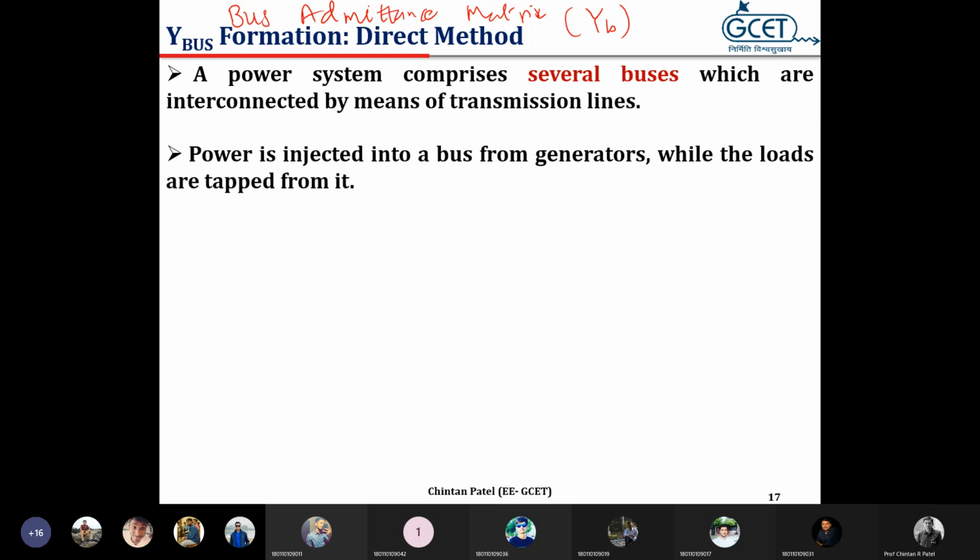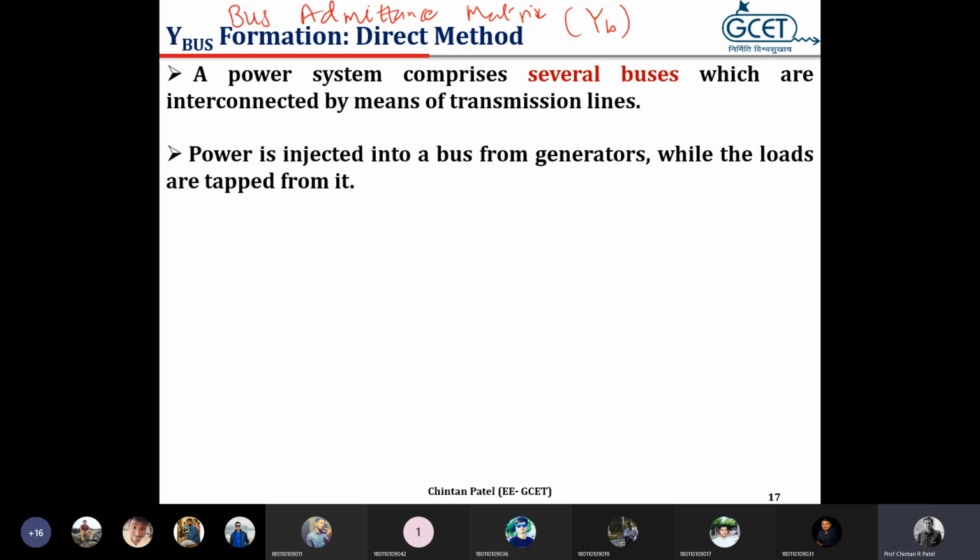So in this network, at a few buses where generators are connected, power is injected, and at the same time, at the buses where loads are connected, power is absorbed. So there is a combination of power injection and power absorption.